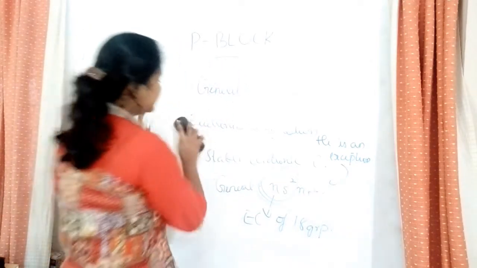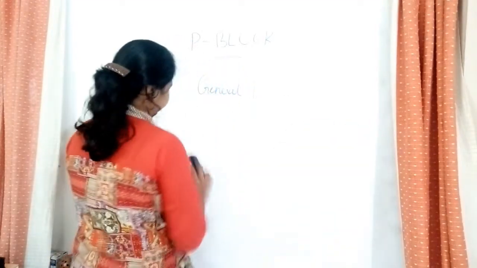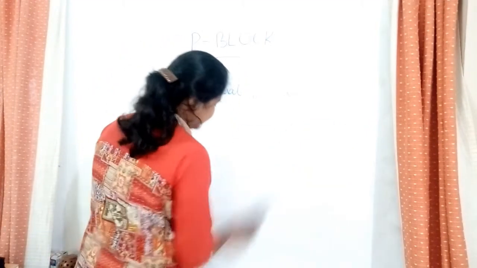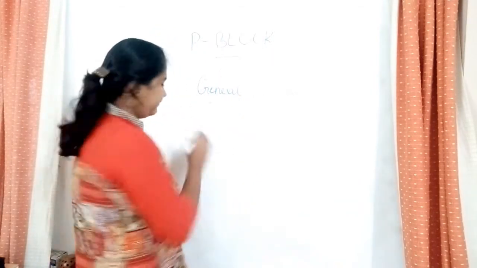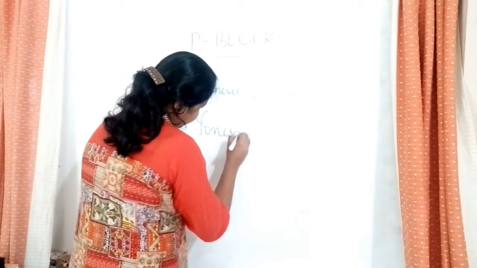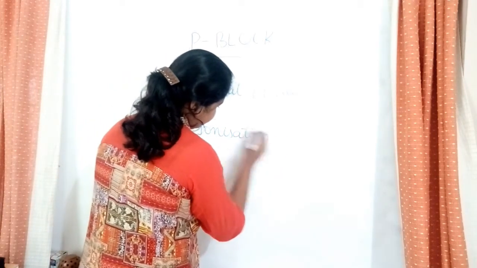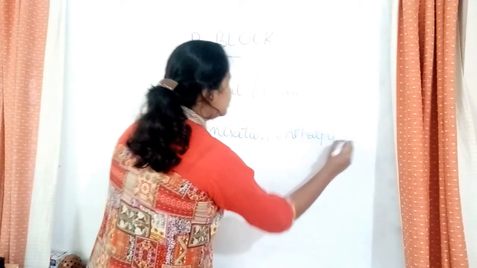So the next thing that we have to learn is ionization enthalpy. So let's see what is ionization enthalpy. The first one was electronic configuration. Second one is ionization enthalpy. So what is this?